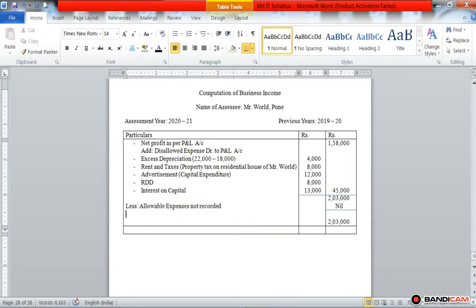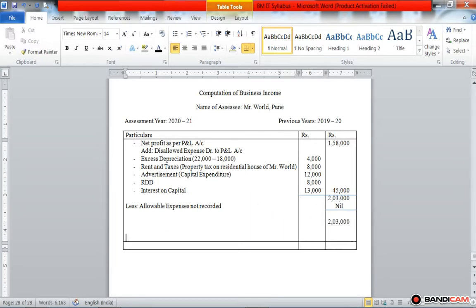Okay, 2,03,000. Then we add allowable income not recorded.